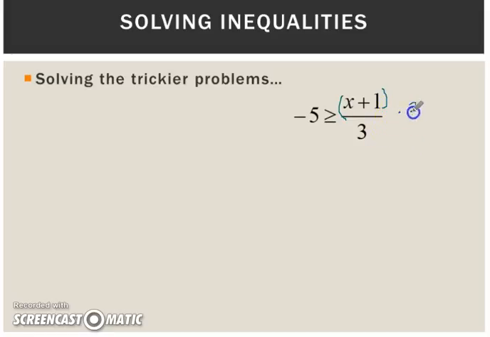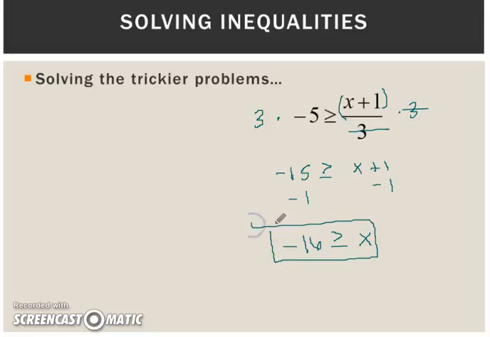So you have to multiply both sides by 3 so that this denominator cancels out. 3 times negative 5 is a negative 15, is greater than or equal to, and you're left with an x plus 1. Last step, subtract 1 so you get x by itself, and you have a negative 16 is greater than or equal to x.